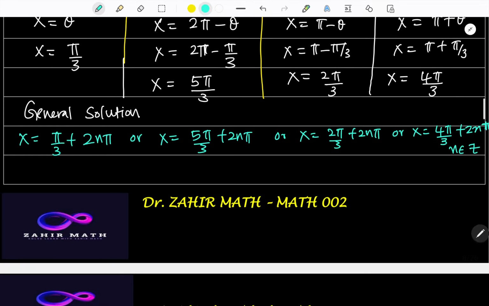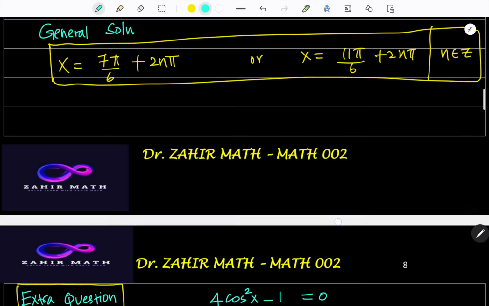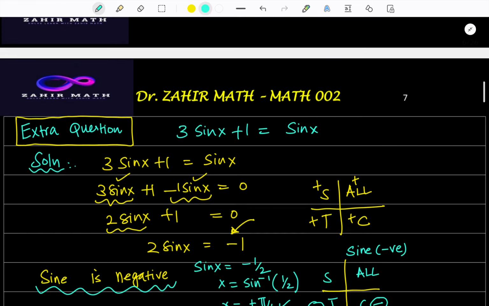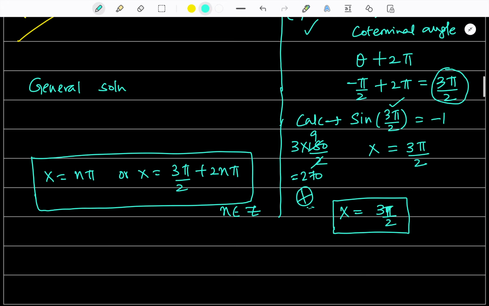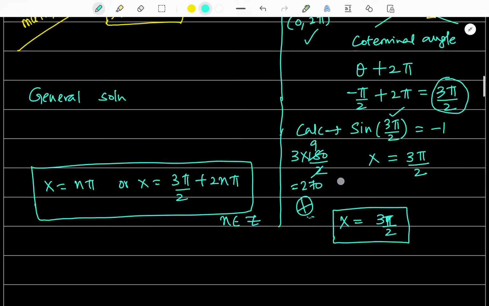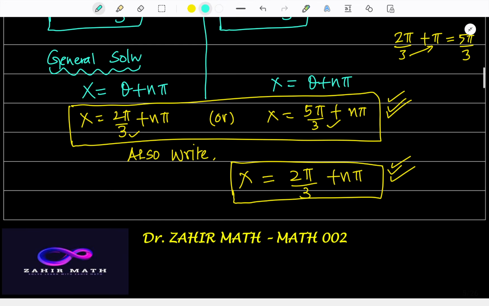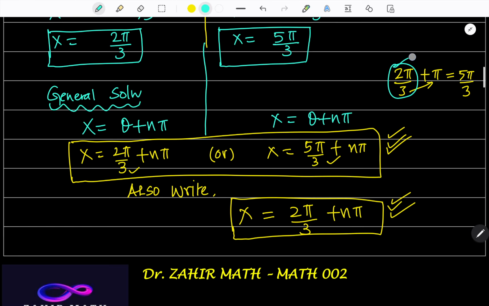Or instead of writing too many things, look here. When you put pi by 3 plus pi, I told you in the previous question, there are small variations in pi. When you add pi to 2 pi by 3, you get 5 pi by 3. Instead of writing these two answers, we can write one answer.